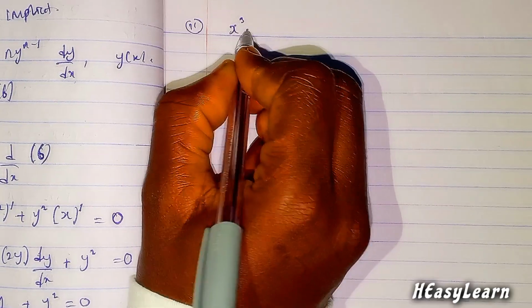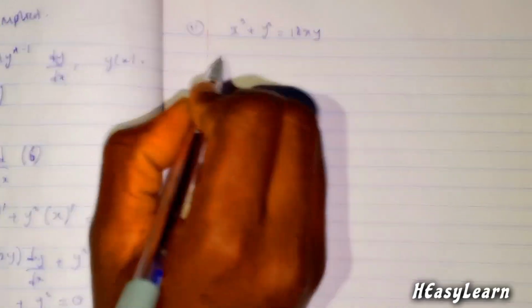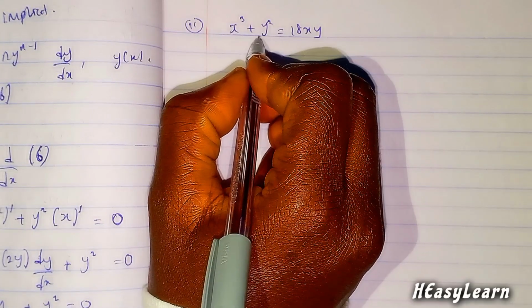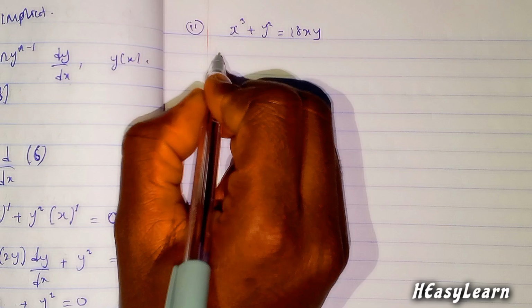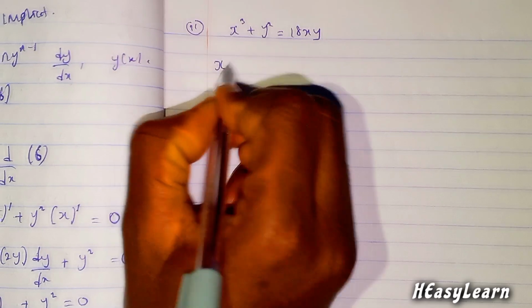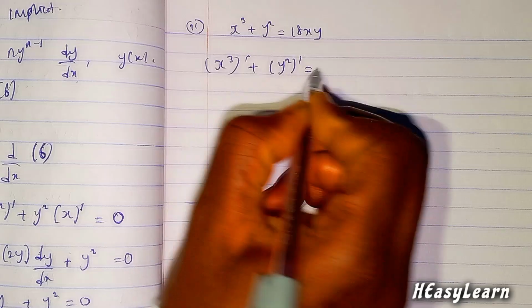Given the function x cubed plus y square equals to 18xy, this is an implicit function because x and y are coming together in the function. So differentiate term by term.